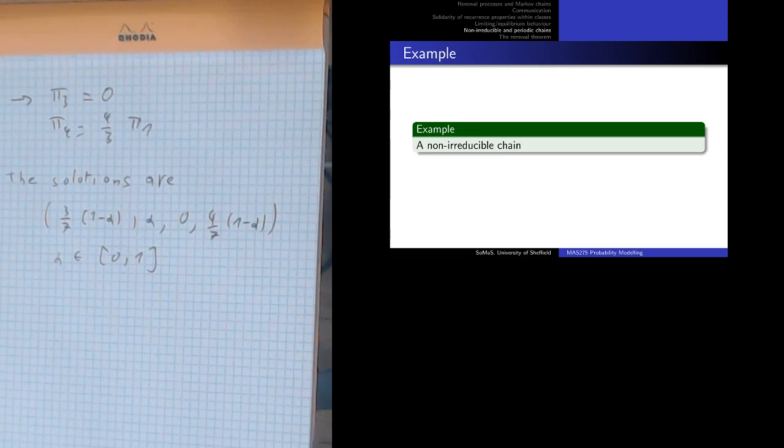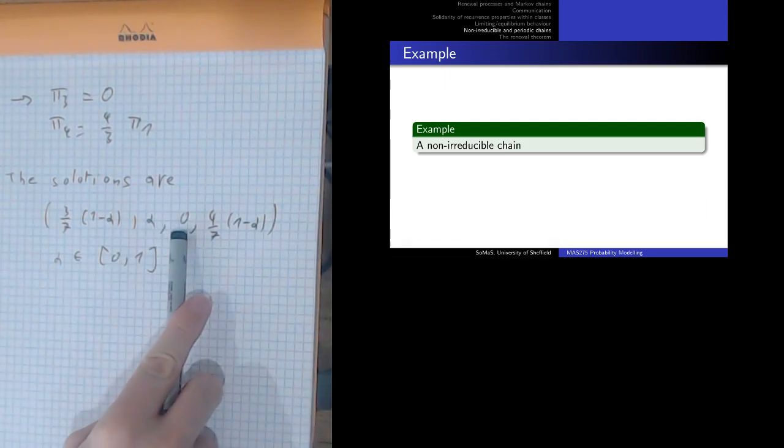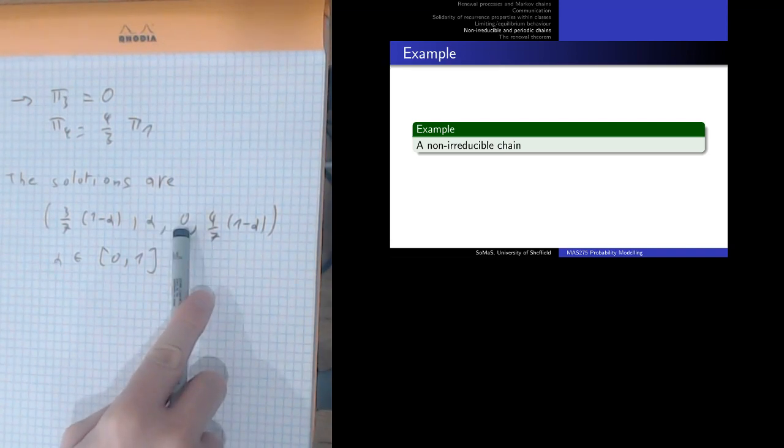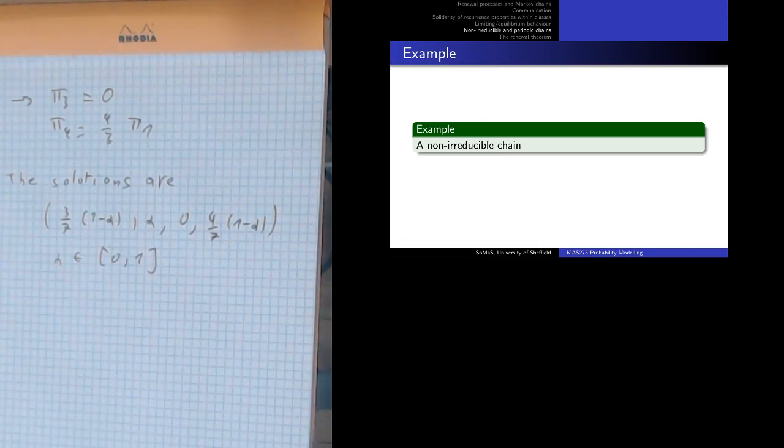So notice that pi3 is 0 because 3 is not in the closed class. So it's the first thing we said. If there are points which are outside of a closed class, so if we leave them, we can't go back, then they get assigned 0 necessarily.